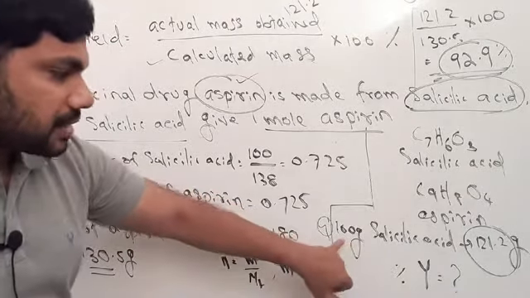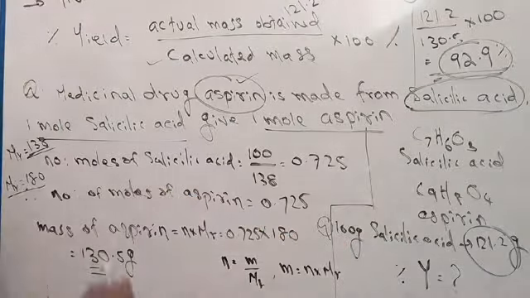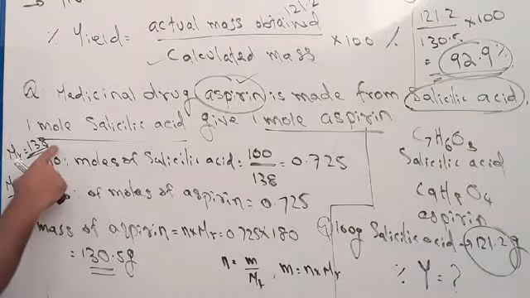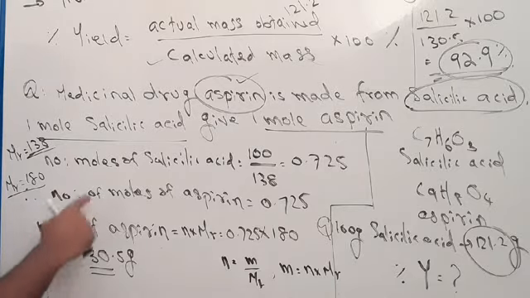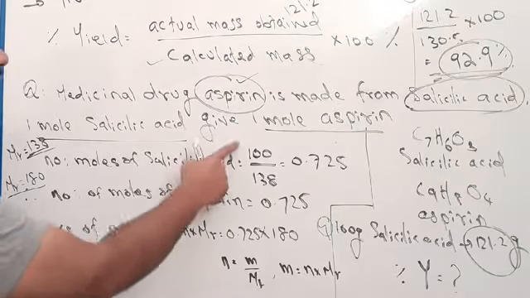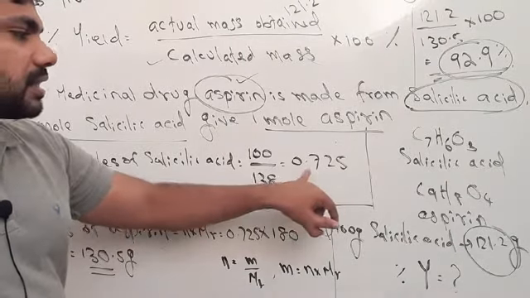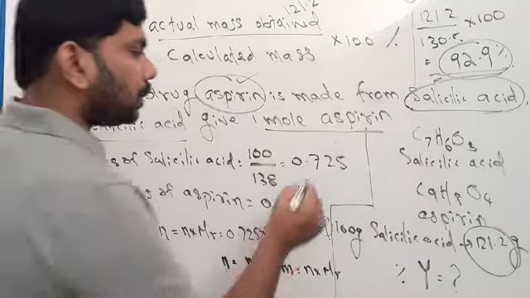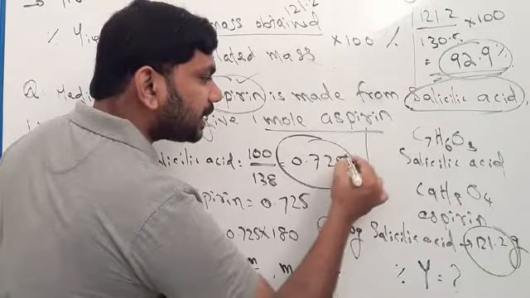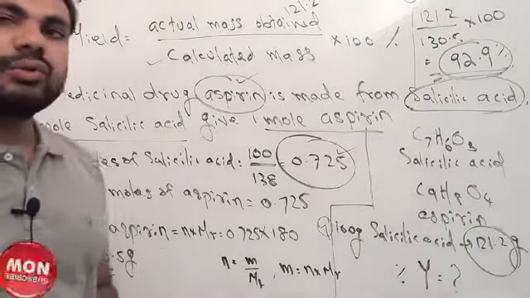Salicylic acid mass is given as 100 and its relative molecular mass is given in the question as 138. So number of moles of salicylic acid is 100 divided by 138, and the answer is 0.725.